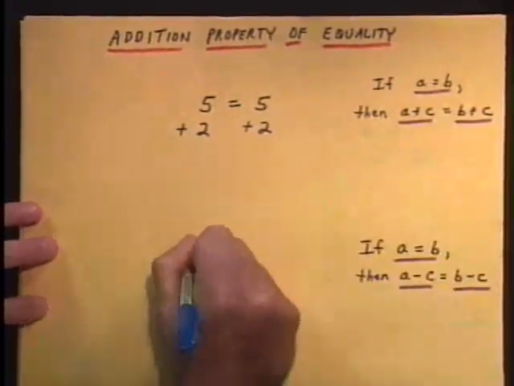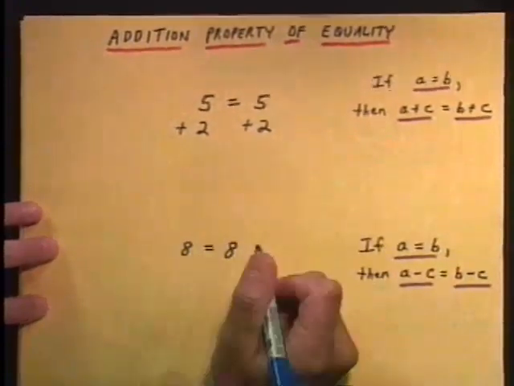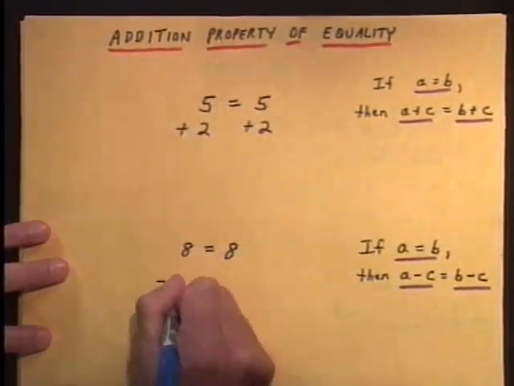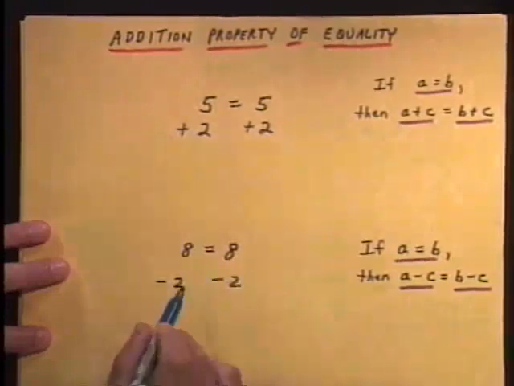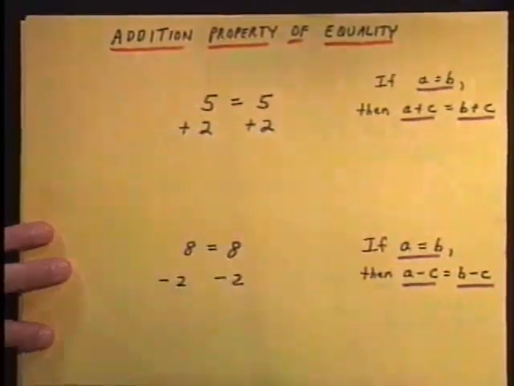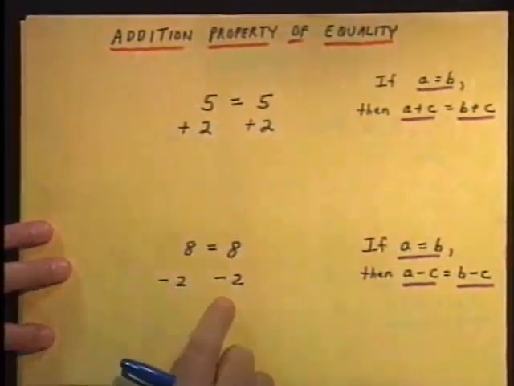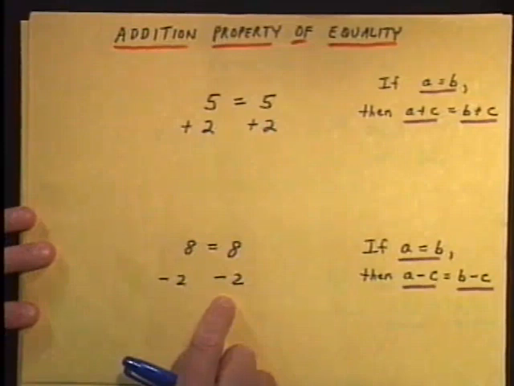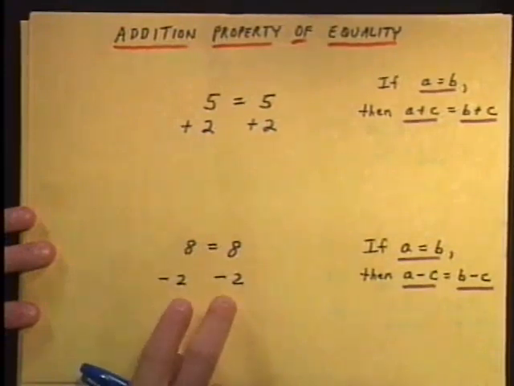Now, let's come down here and take another true equation, 8 equals 8. Why, if I subtract 2 from both sides of this equation, is that called the addition property, Young? Some students are confused by that and not the subtraction property. Well, remember in previous lessons, we talked about the definition of subtraction.